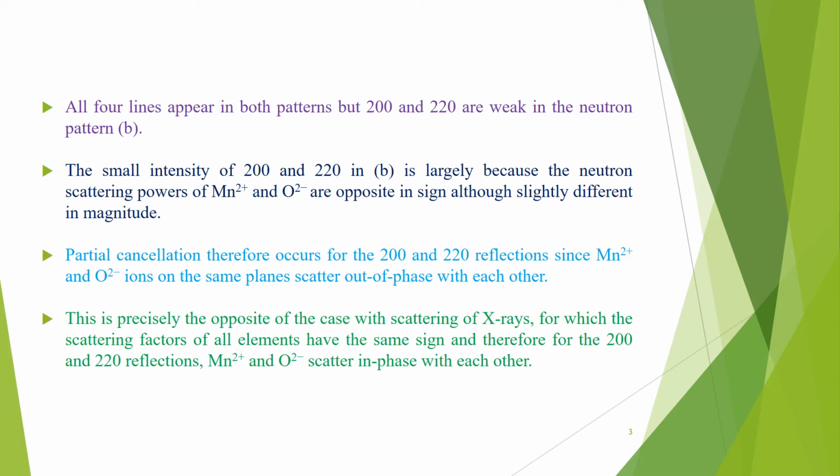This is precisely the opposite of the case with scattering of X-rays, for which the scattering factors of all elements have the same sign, and therefore for the plane 200 and 220 reflections, manganese plus 2 and oxide scatter in phase with each other.